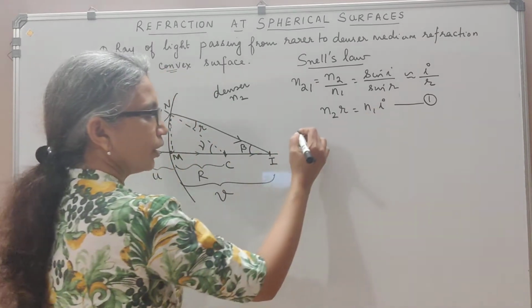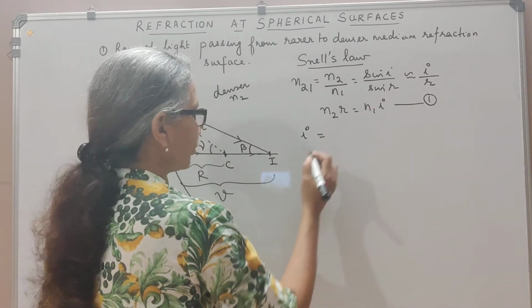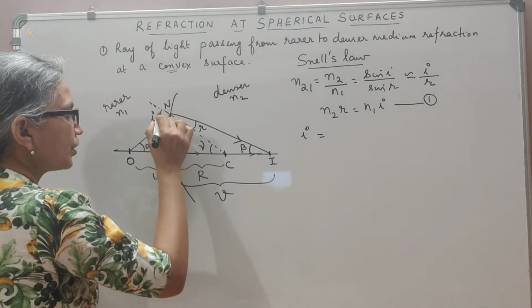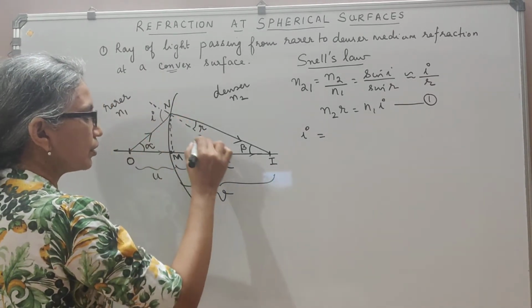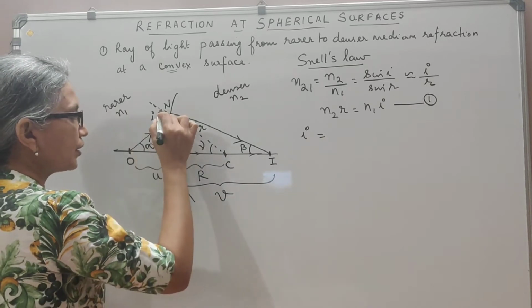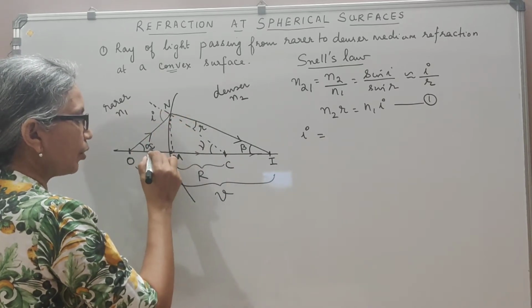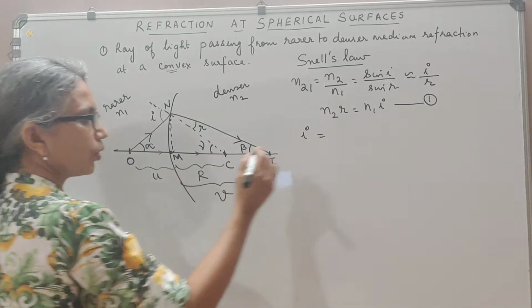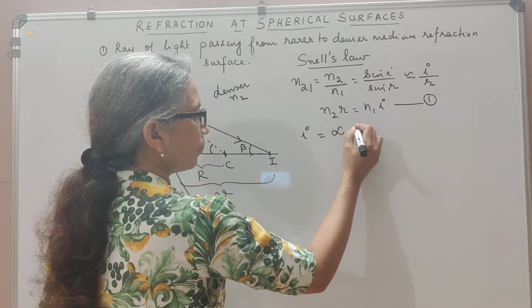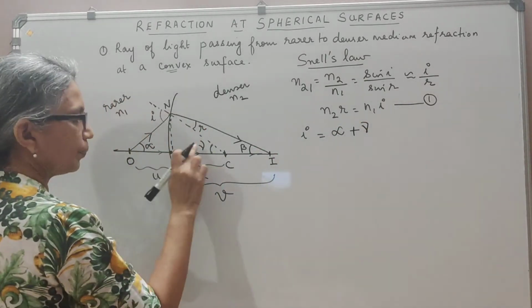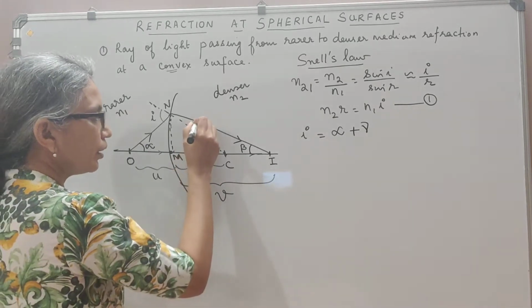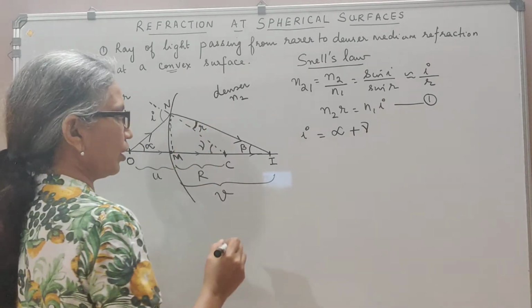So it's that simple. Let us look at I from the figure. This is I, which is the exterior angle to this triangle, right? So this exterior angle will be the sum of the interior opposite angles. So I may write this as alpha plus gamma.